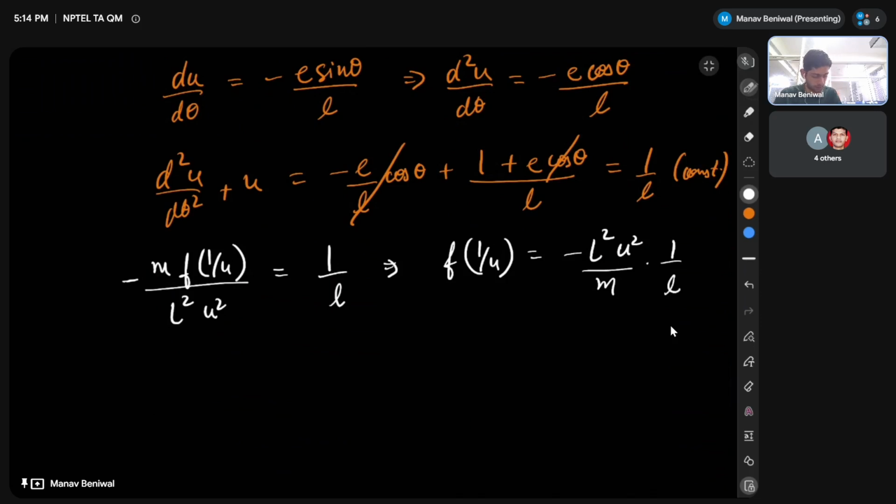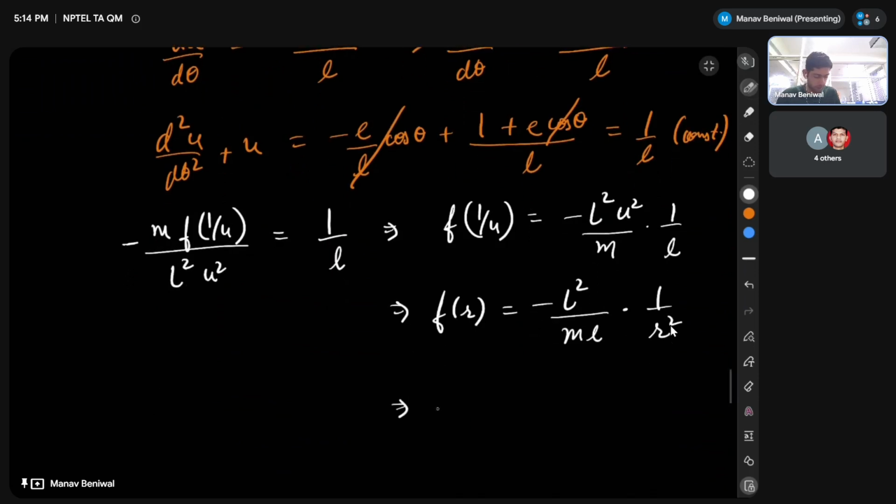This thing. So let us again substitute for r. So this implies my f of r is nothing but minus L squared over m L times 1 over r squared. Okay, and this implies that my f of r is proportional to 1 over r squared.